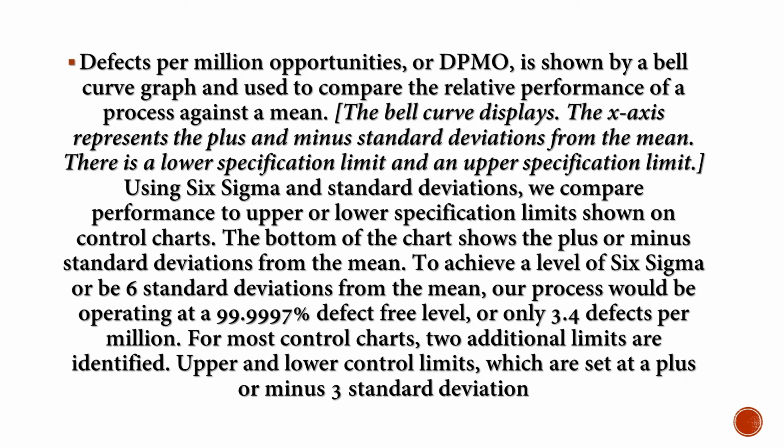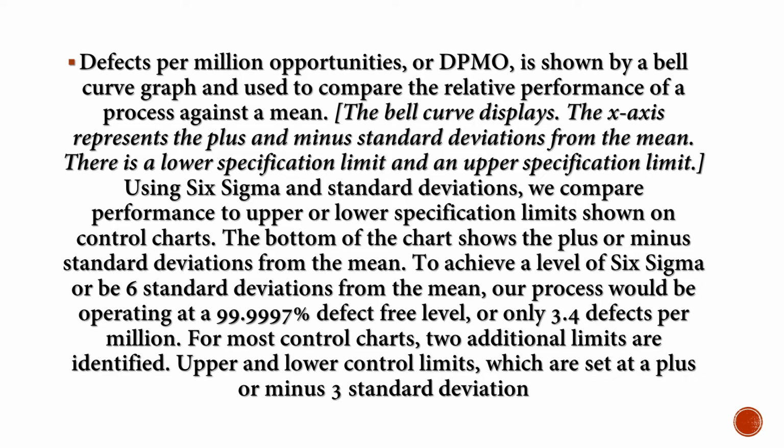So to achieve level 6 of Six Sigma, or be 6 standard deviations from the mean, our process will be operating at a 99.99997% defect-free level, or only 3.4 defects per million.